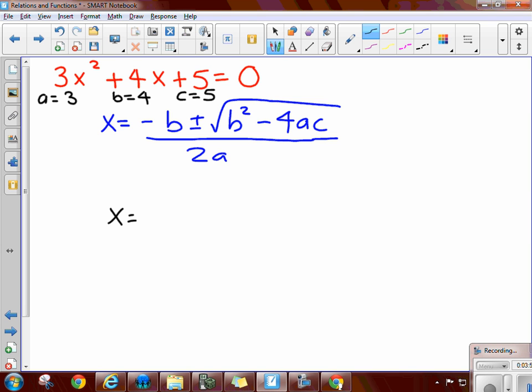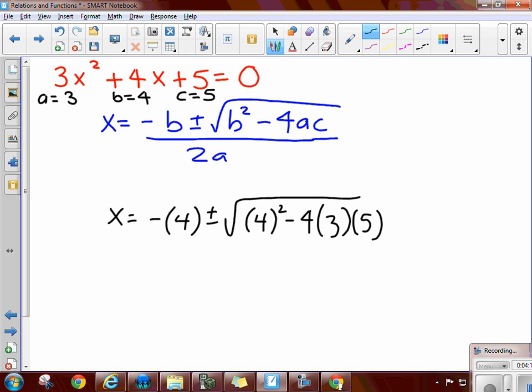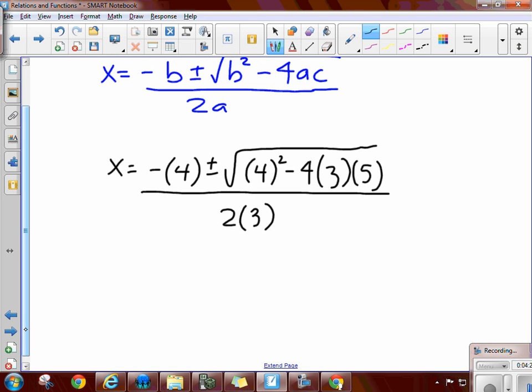So x equals, well, negative b, well, negative 4, plus or minus, here comes the radicand, so that's 4 squared, minus 4 times 3 times 5, all over 2 times 3. So the substitution by now should be easy.